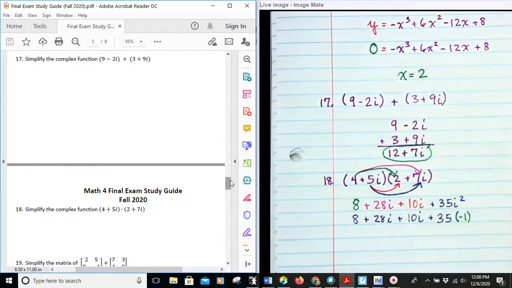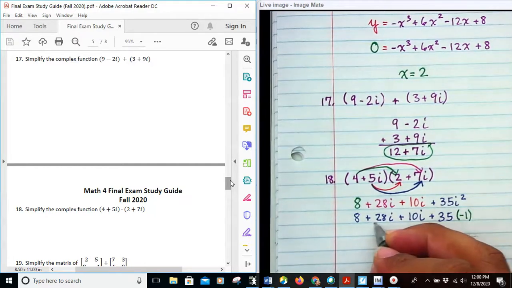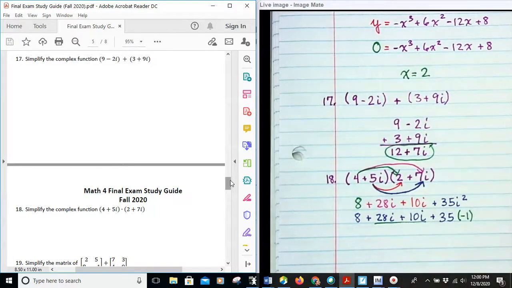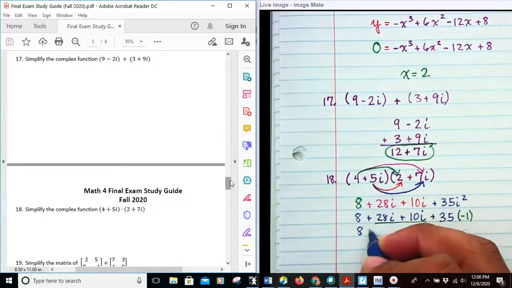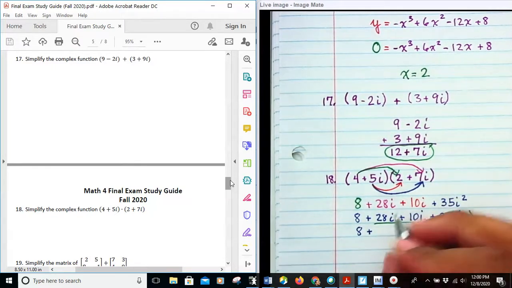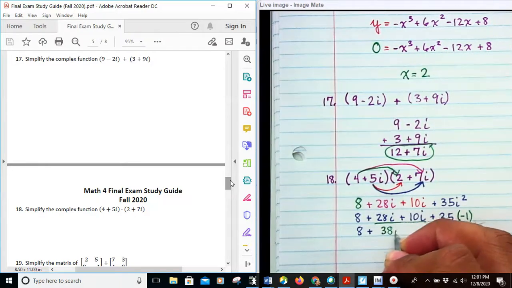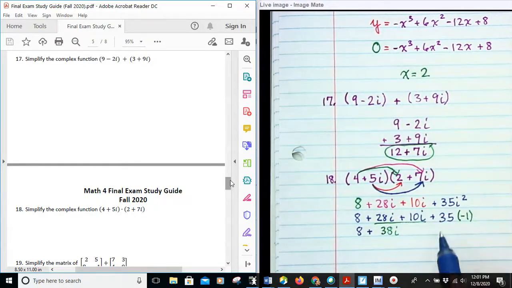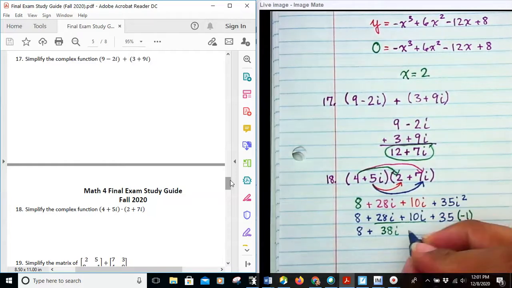All right, so this part, we're going to combine these two, and we're going to also multiply that part. So here we get 8. 28i plus 10i is 38i. And then here, -1 times 35 is a -35.